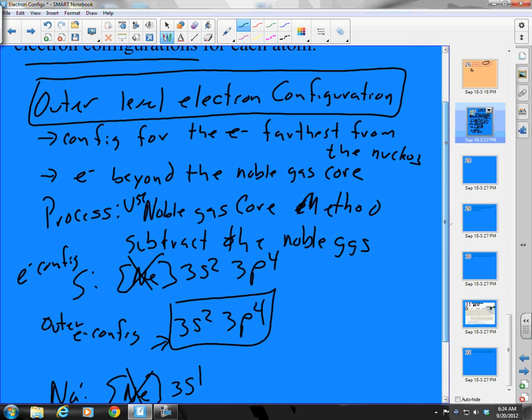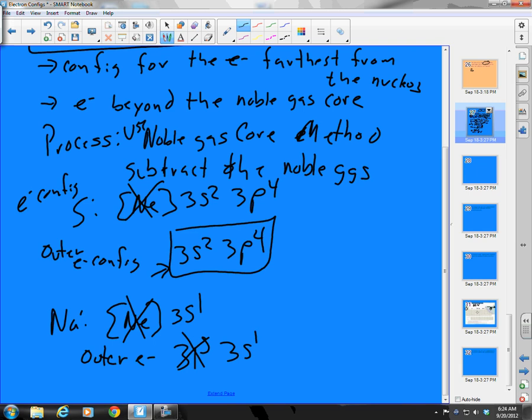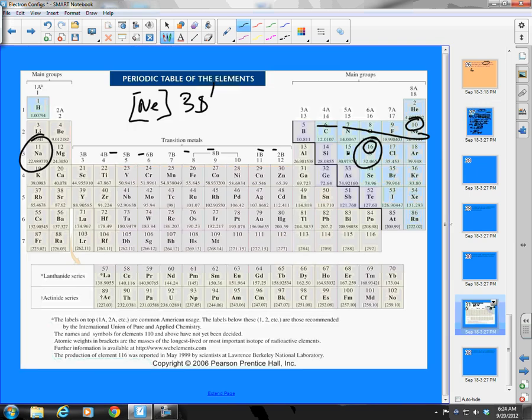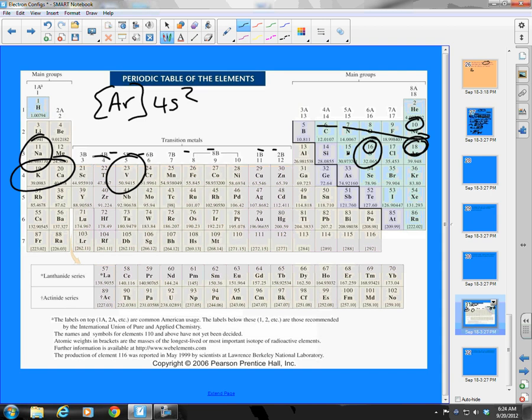And the last one, vanadium. Vanadium is right here. What's the previous noble gas? Argon. So I'm going to go with argon. After argon, I go through 4s2, and then 3d: 1, 2, 3.